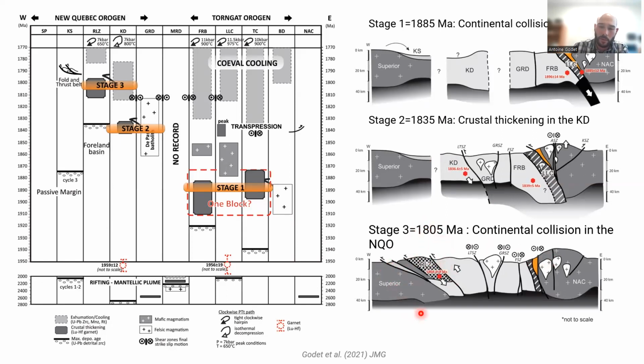This is the final collision on top of the Superior craton, development of the fold and thrust belt, burial of the supracrustal sequences of the Labrador Trough here, and a metamorphic discontinuity. So again, I like to highlight the fact that the metamorphic record across the Southeastern Churchill province is diachronous.